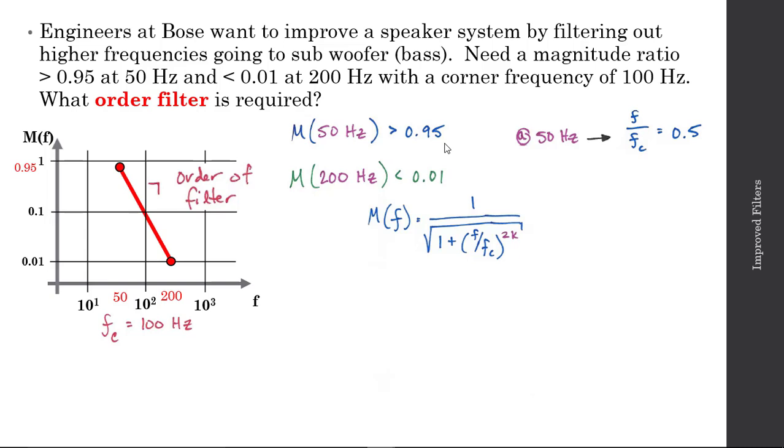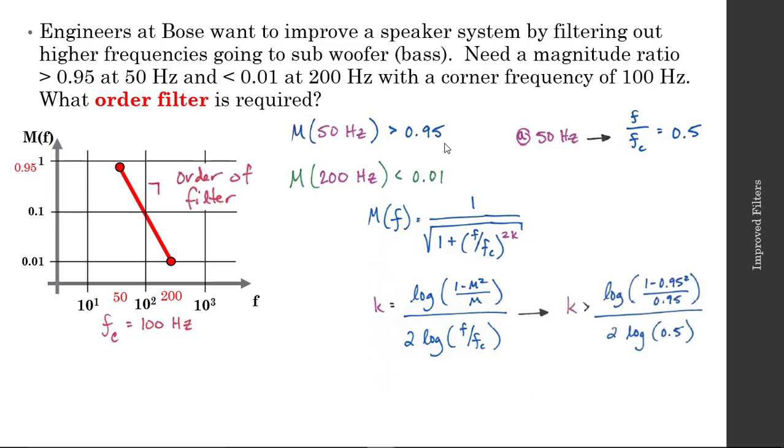As such, let's rearrange this equation to solve for k. So k will be equal to log base 10 of the quantity 1 minus the magnitude ratio squared, divided by the magnitude ratio, so 1 minus m squared over m, all divided by 2 times log base 10 of the quantity f over fc, the input frequency over the cutoff frequency. So I can plug in then and describe the order of the filter.